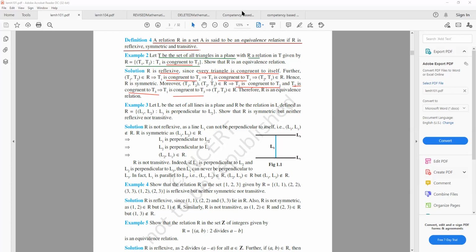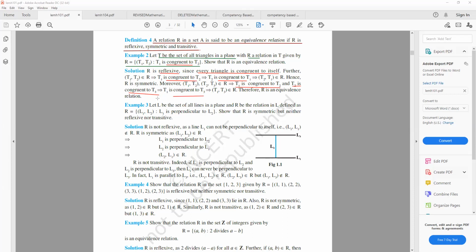Are you getting my point? Simple example. So this relation congruent to in the set of triangles in the plane, it is an equivalence relation because that relation is reflexive, symmetric, and transitive.